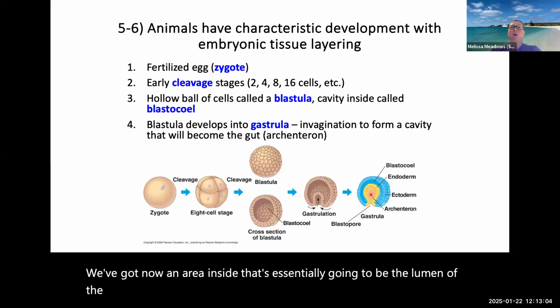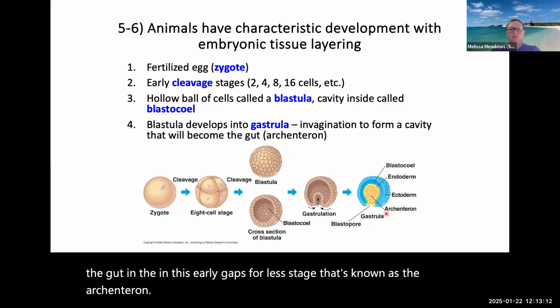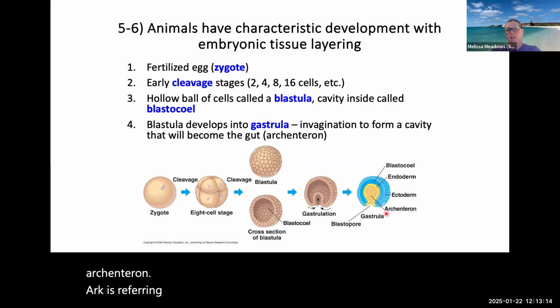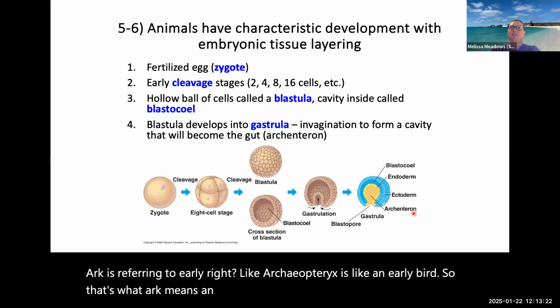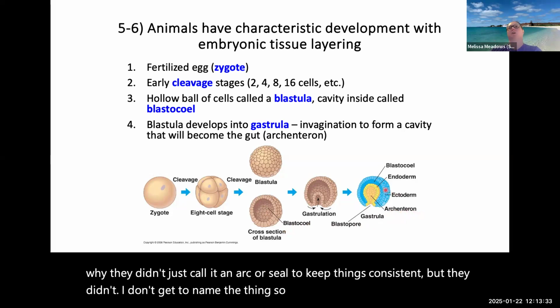In this early gastrula stage, that's known as the archenteron. Arc is referring to early, right? Like Archaeopteryx is like an early bird. So that's what arc means. And enteron is another word for a space. I don't know why they didn't just call it an arcocele to keep things consistent, but they didn't. I don't get to name the thing. So anyway, archenteron.